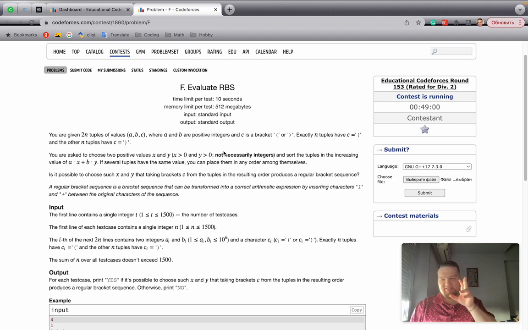So inside that segment, I know that everything will be non-negative, so I can just ignore those values for now. So I will have an array of balances. I know which segments I need to reverse right now.